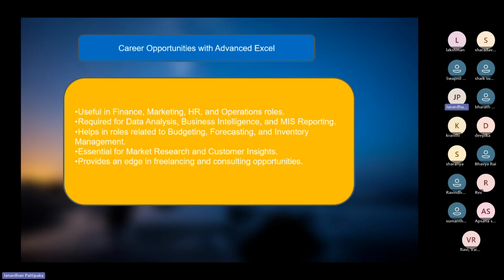Work which can be done in 7 or 8 days can be done in 15 minutes or 10 minutes when you develop the habit of integrating AI tools with Excel. And dashboards can be done within a fraction of hours. So that is the use of this advanced Excel.